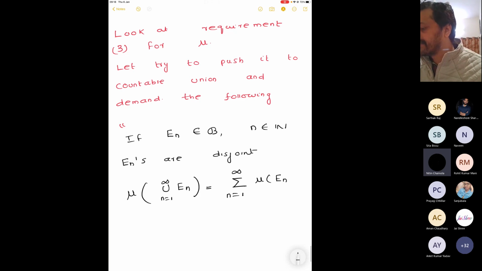This is not the method of exhaustion. In the method of exhaustion, you had successively better and better approximations, E1 contained in E2, etc. Here we are not imposing that condition. For any arbitrary disjoint sets, can we demand this? Is what we are going to do clear or what?